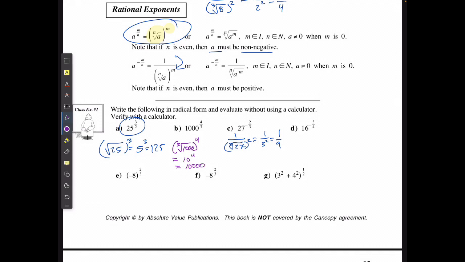For example D, I'm going to have 1 over the fourth root of 16 to the power of 3, which is the same as 1 over 2 cubed, which is the same as 1 over 8.